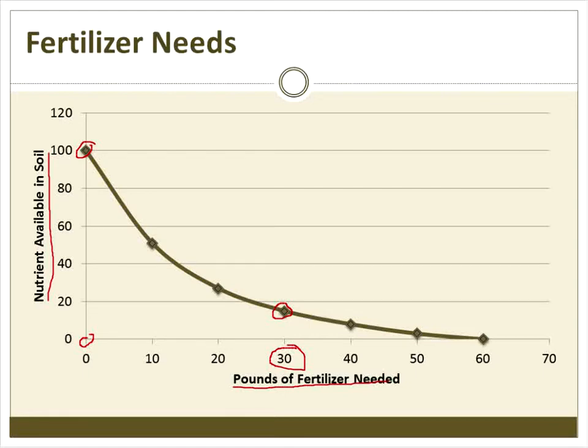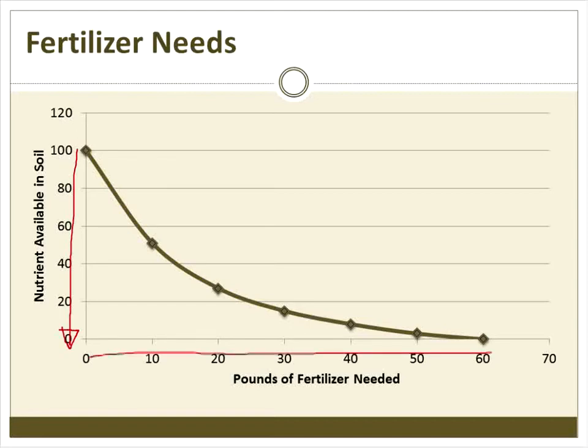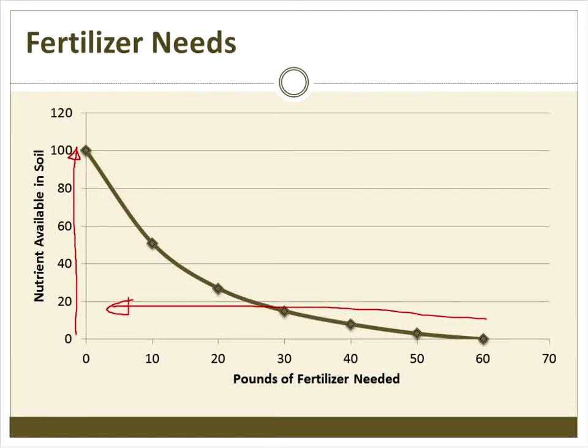The same goes even lower; you get the concept here, all right? So basically what's happening with this graph is as soil nutrient concentration goes down, the amount of fertilizer nutrients needed goes up. Another way of thinking about that, as soil nutrient concentration goes up, the amount of fertilizer nutrients you need goes down.